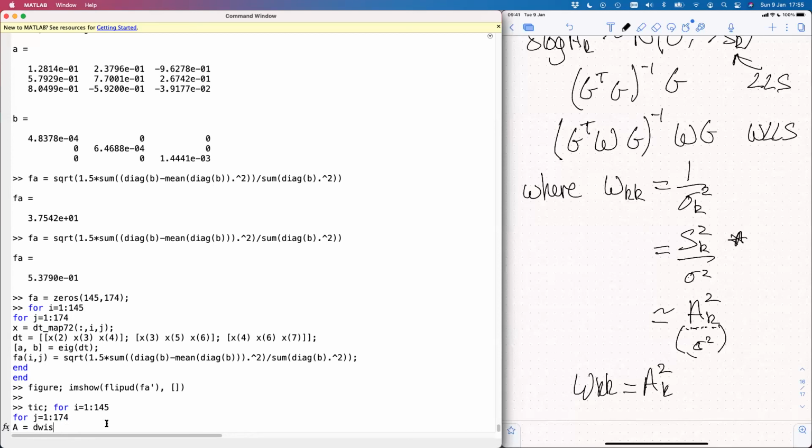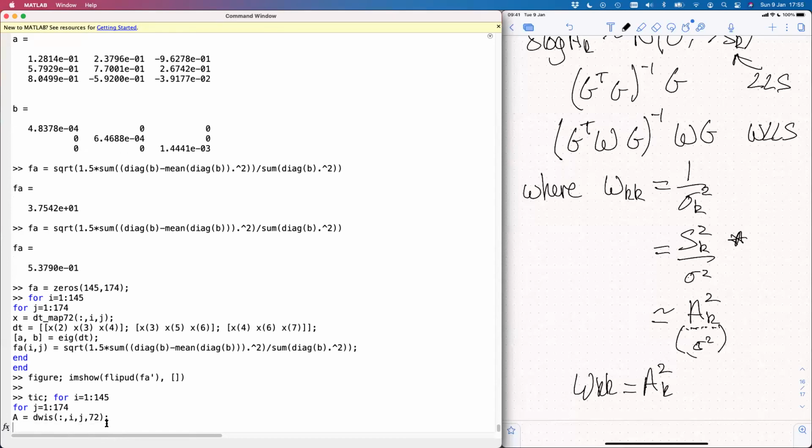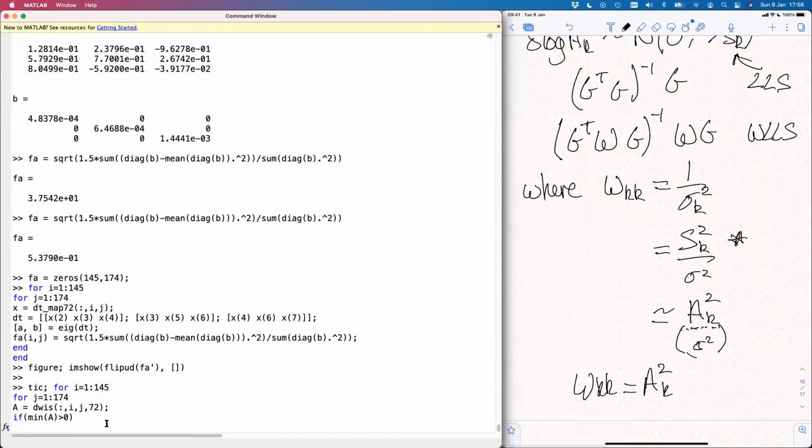Our usual stuff. Only for voxels with decent measurements. So let's construct this W matrix then. So W then is going to be a diagonal matrix with our measurements squared on the diagonal. Very simple.